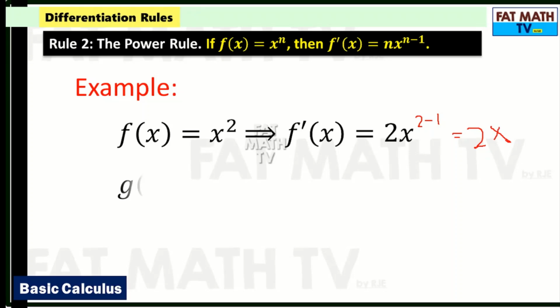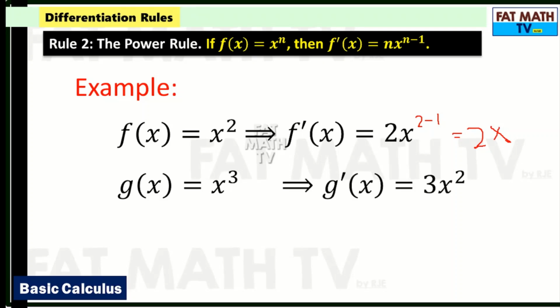So that's simply 2x. How about if we have x cubed? n is 3 in this case. The derivative is: make 3 the numerical coefficient, and subtract 1 from 3, you will get 2 for the exponent. The derivative of x raised to 4 is 4x cubed.